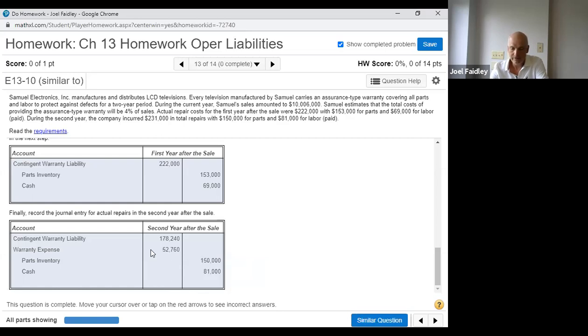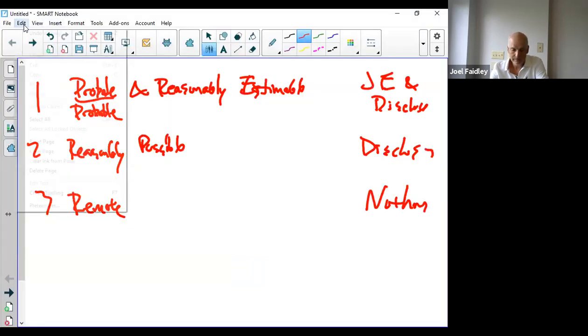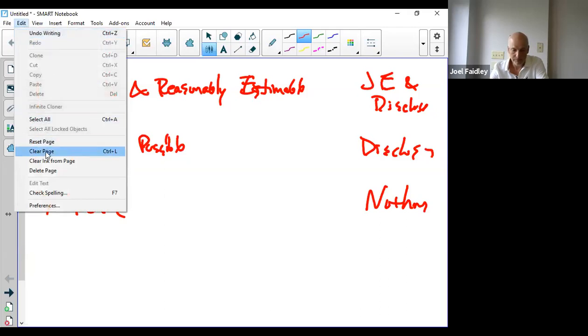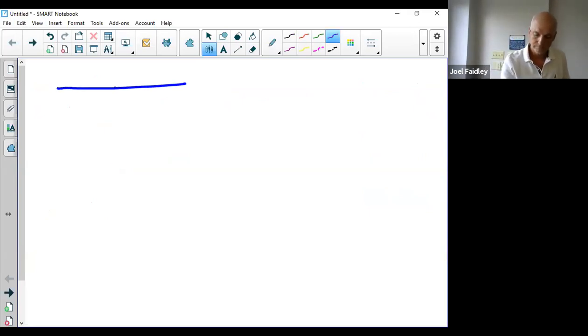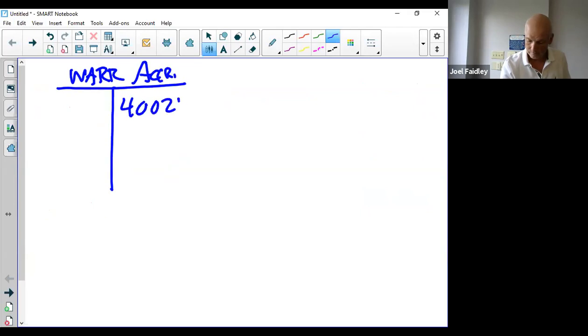So if we go back over here and look at the T account, which might help you understand this more if you're struggling. Warranty accrual, $400,240. My first year, $222,000.